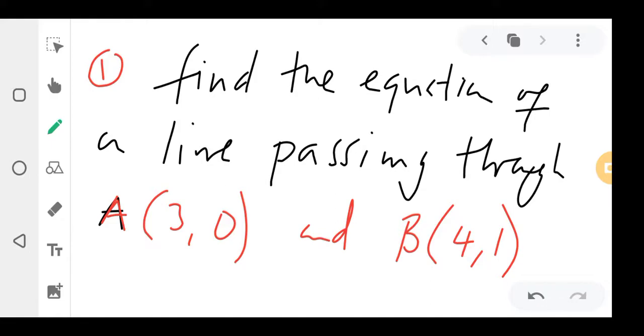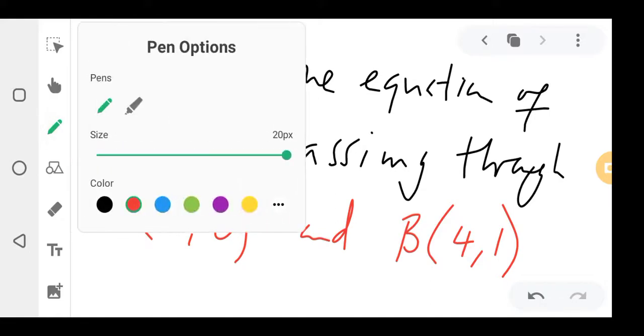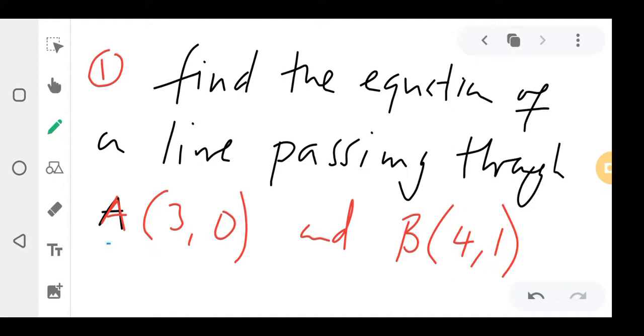So this line is passing through these 2 points. It passes through A, and then it passes through B.